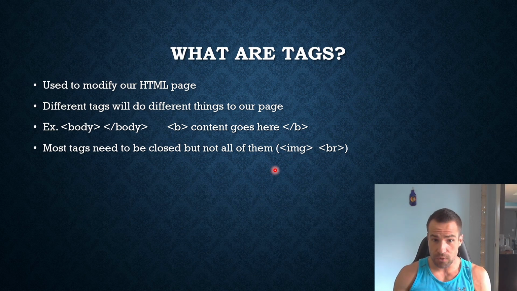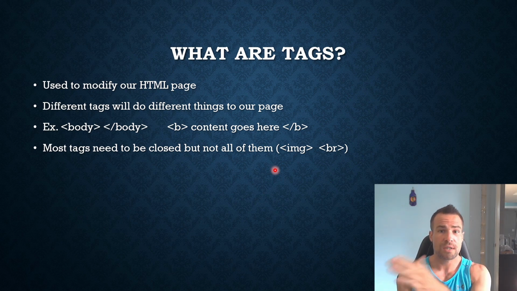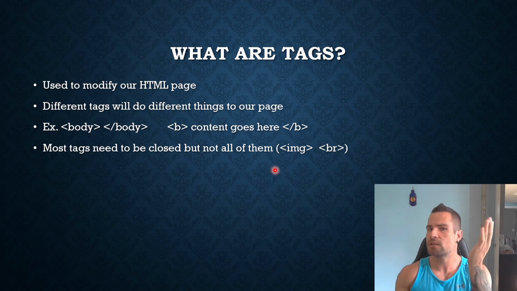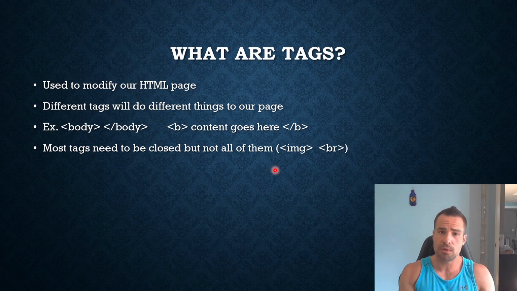An example of that is the image tag. If you wanted to add an image to your page, you use the image tag, you attach the source or the reference, and your image will just pop up. You don't need to close that tag. As you get used to writing HTML, you'll know which ones need to be closed and which ones won't. And that's also why we use an editor. The editor will remind us, hey, this tag needs to be closed, or this tag doesn't.